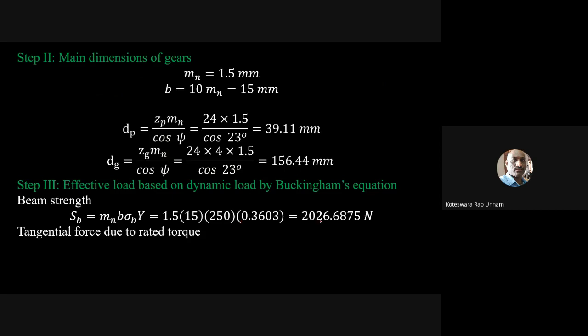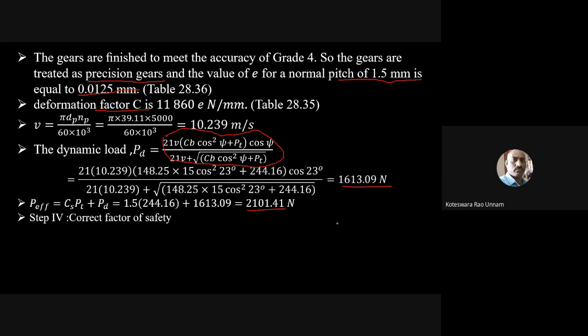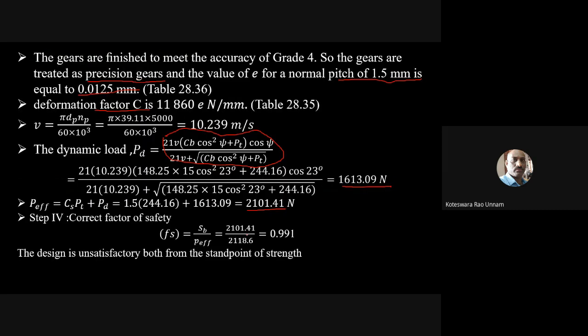Here it is written in reverse, I think. This one, 22,026.6875, is the value of SB. You need to modify that here, and this value here is 2101. You need to modify this one also, numerator and denominator.